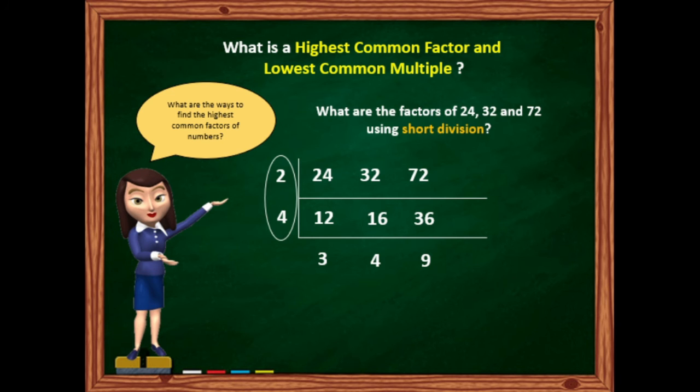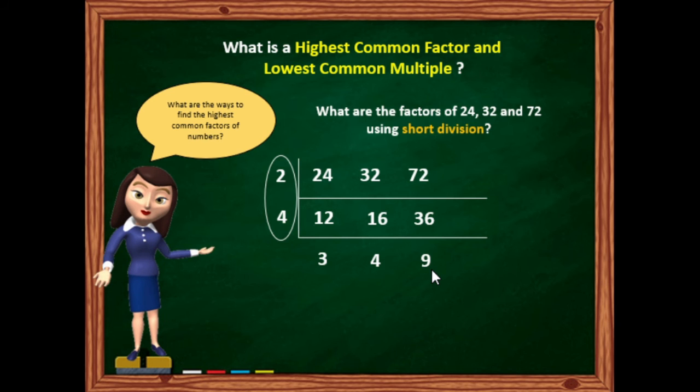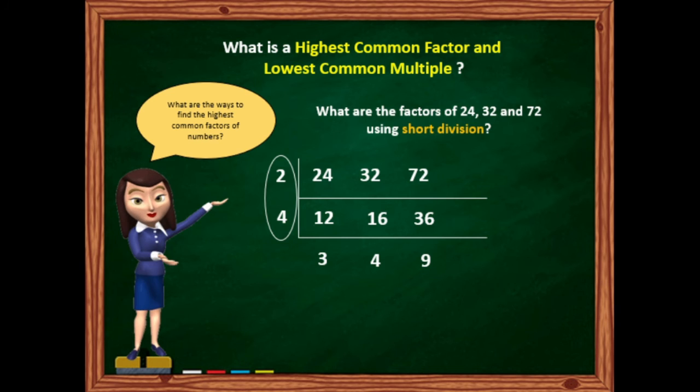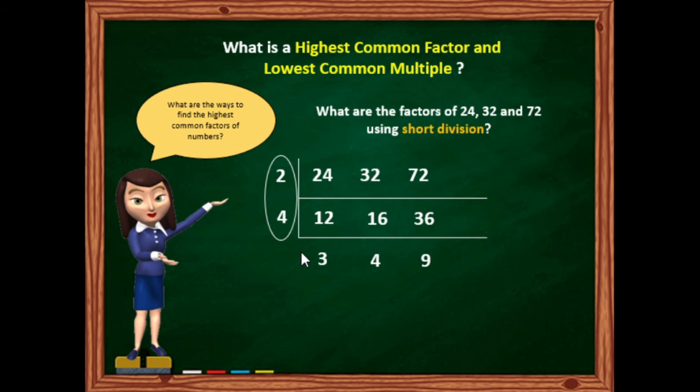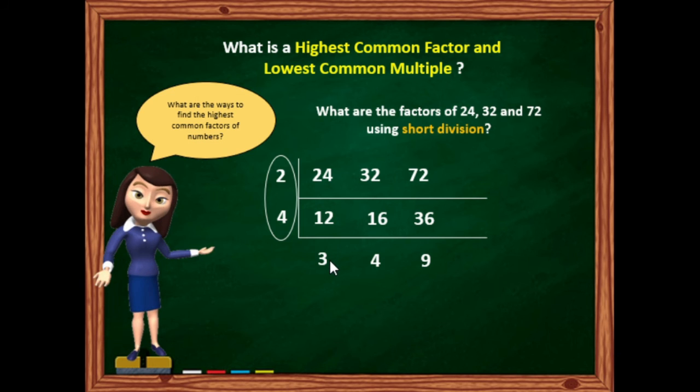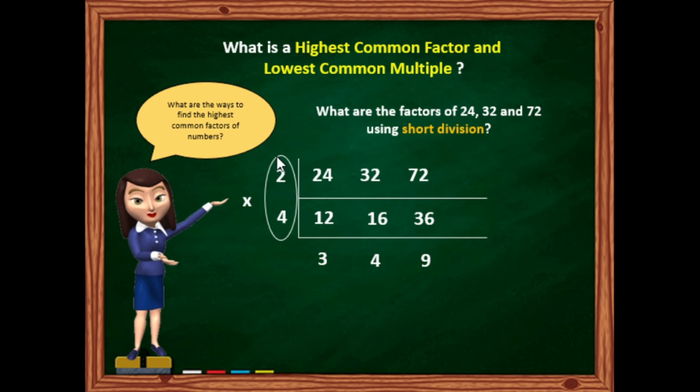You can stop at 3, 4, and 9 because there are no more numbers that can divide all three of them. So make sure to look at the numbers to your right and the numbers down below, which are 3, 4, and 9.